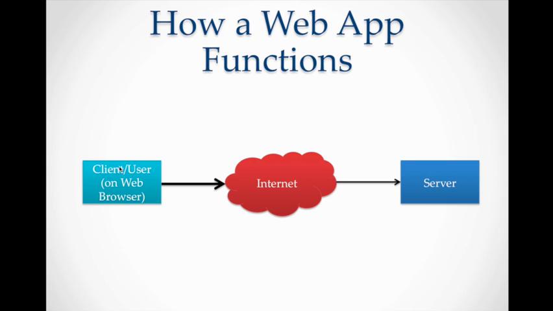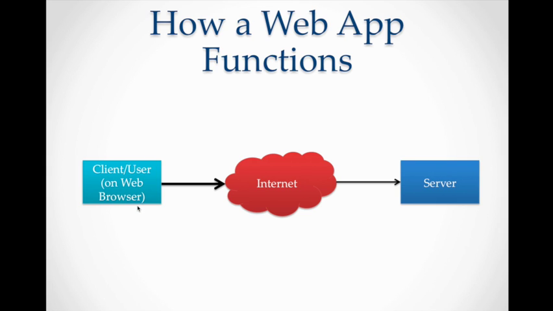Okay, so we get this. So let's consider this to be you. The client is you, and you travel all the way with your car to the city center, and then you find your way through the city center downtown, and you travel towards the eastern side of the city, and you locate the address of your friend's house.